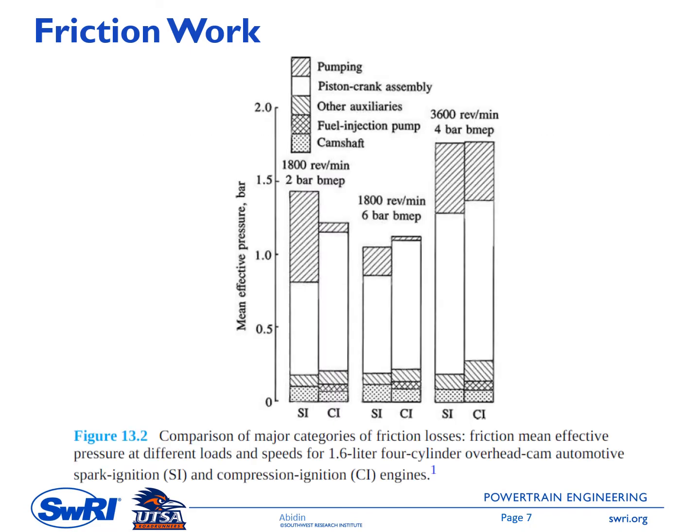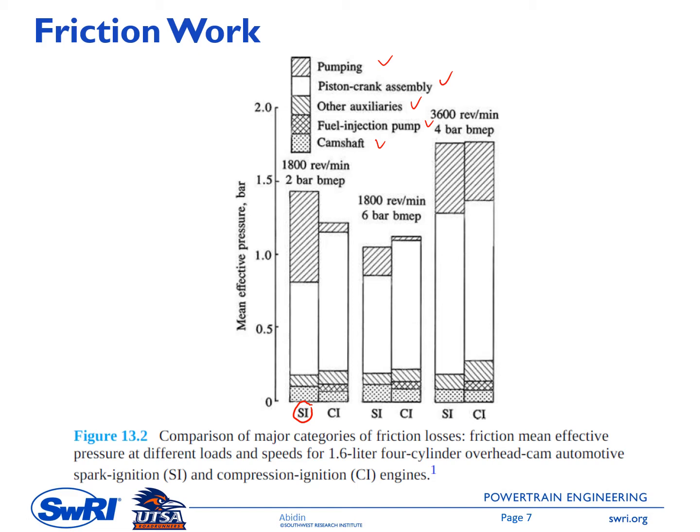This picture is showing the relative importance of the friction components in a naturally aspirated gasoline spark ignition engine, so SI. The friction is broken down into several components. So we have pumping, and then piston crank assembly, and then other accessories, and then camshaft, fuel injection pump as well.